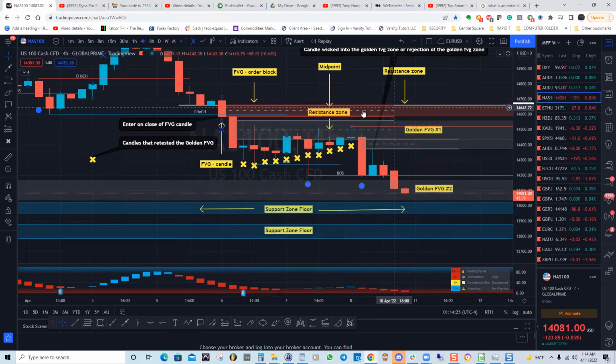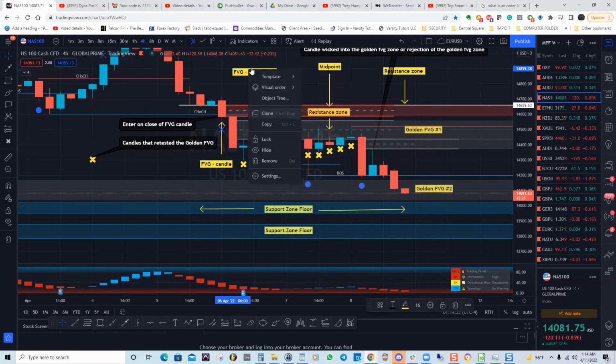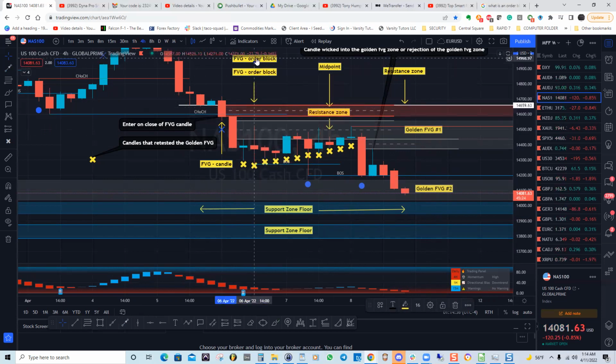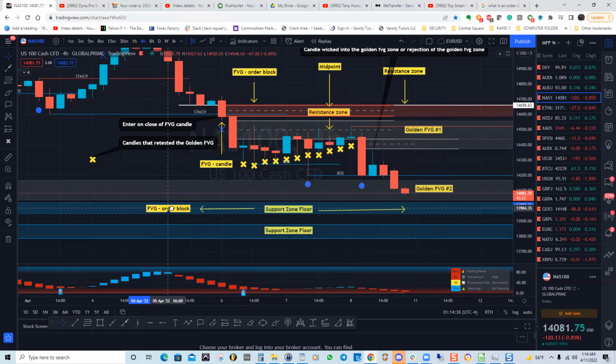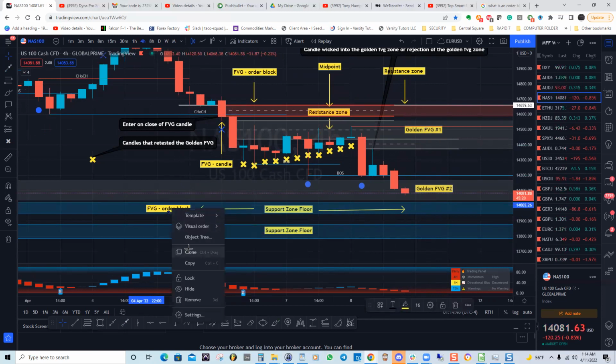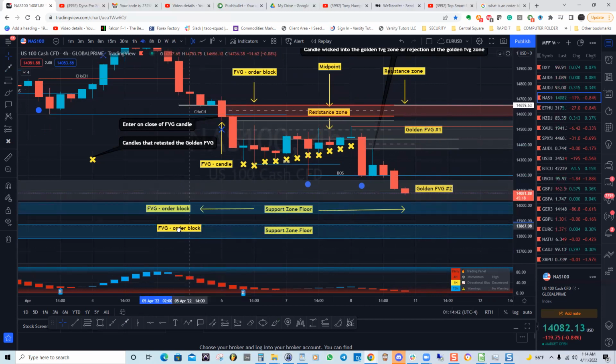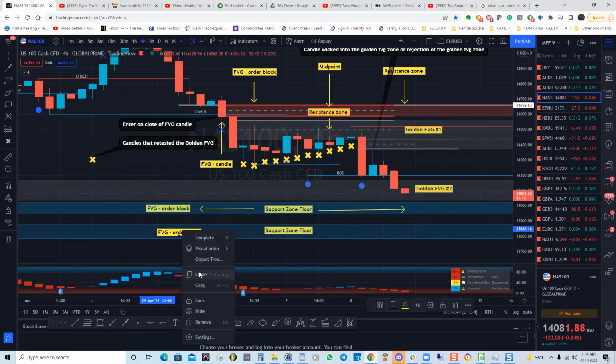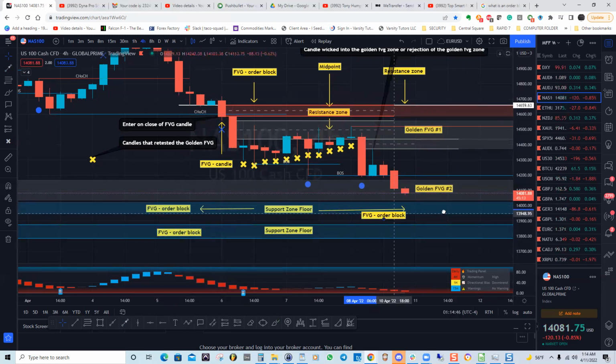This is the FVG gap order block right here, right? This is order block right here. Boom. This is a FVG gap right here, right? Right here. Boom. And here, right?